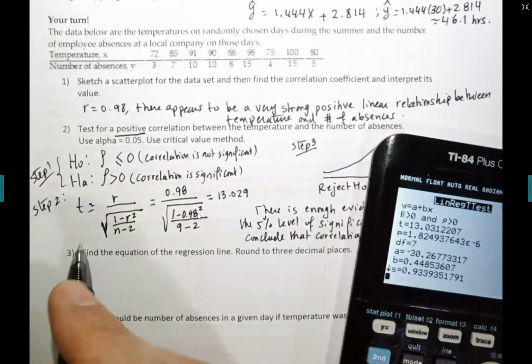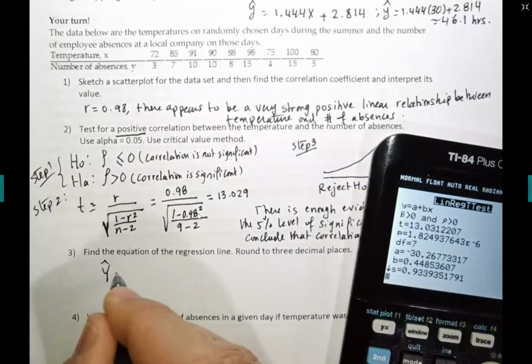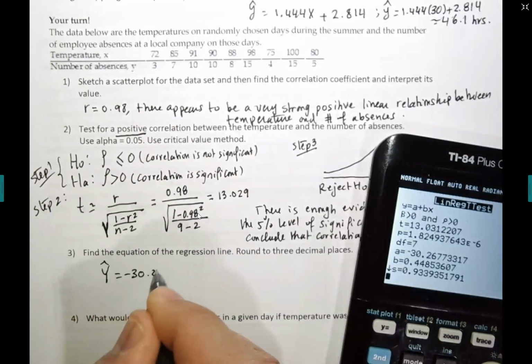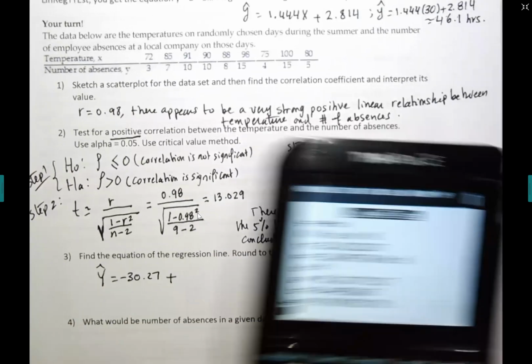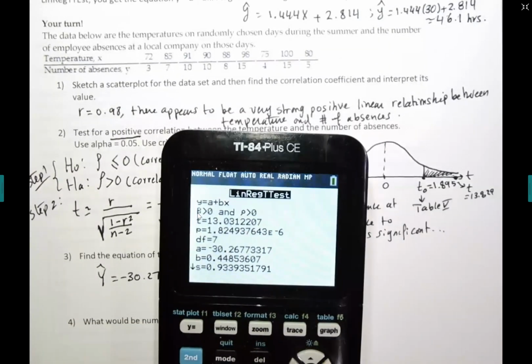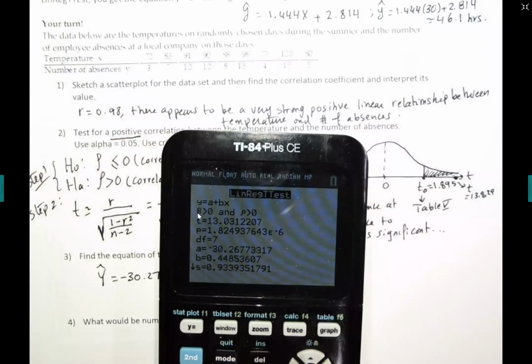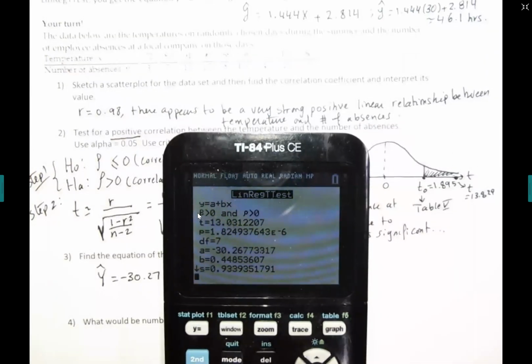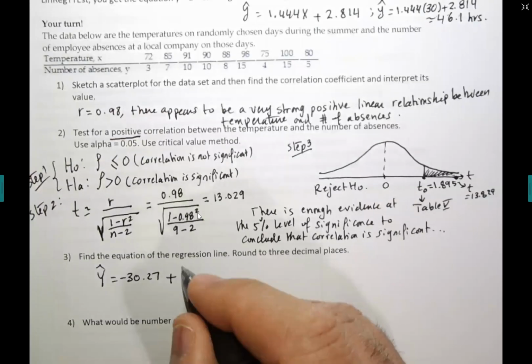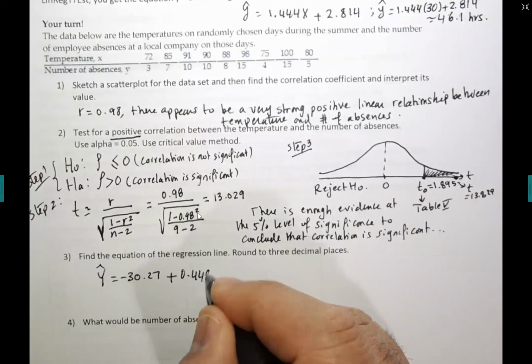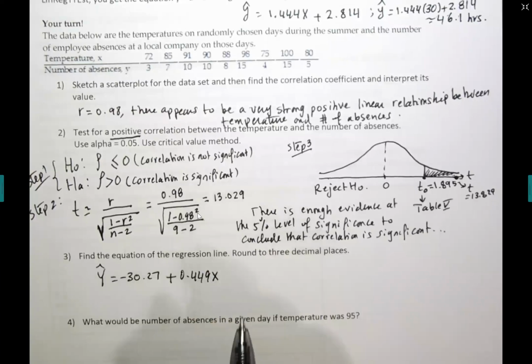So I'll write it from here, plus bx. B is 0.449. And then x. Whether you use the other formula or this one, you should get the same equation.